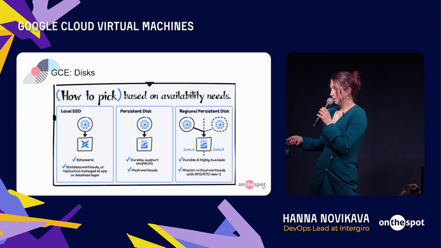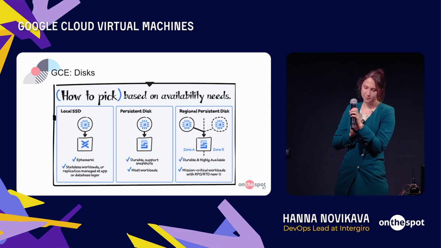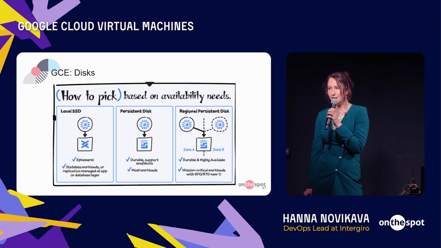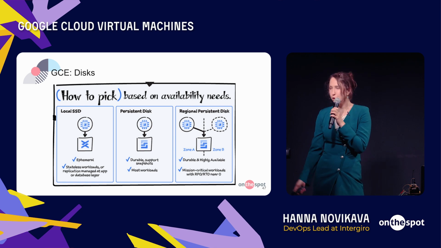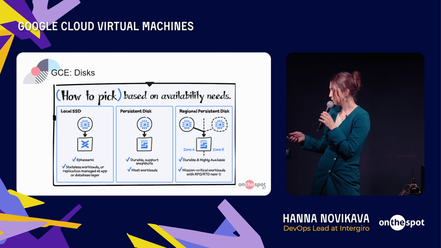Persistent disk is durable, supports snapshots and most workloads, and there is also regional, which is more reliable than usual persistent disk. So as usual in your life, you cannot choose fast, cheap, and high quality at one time. You need to choose fast or high quality or durable disk.